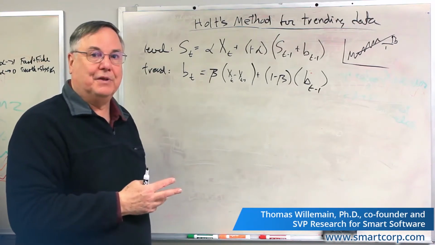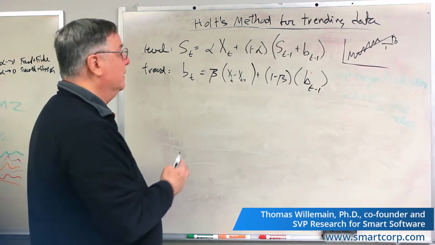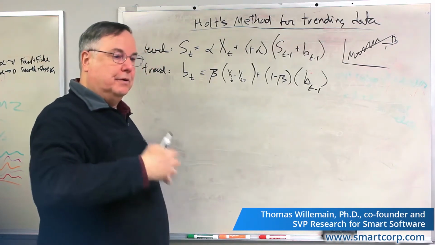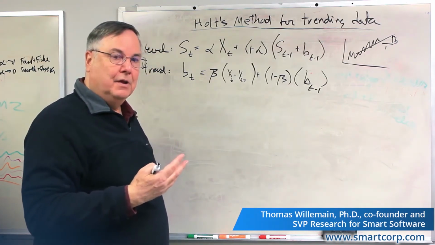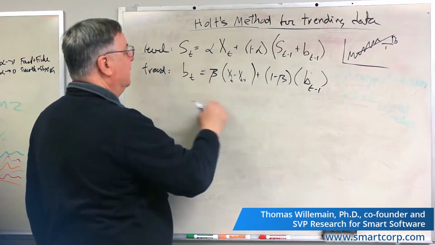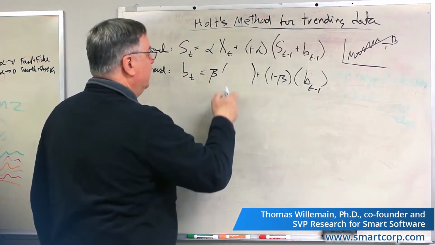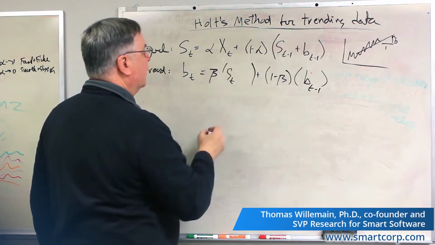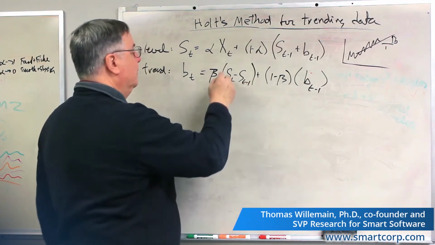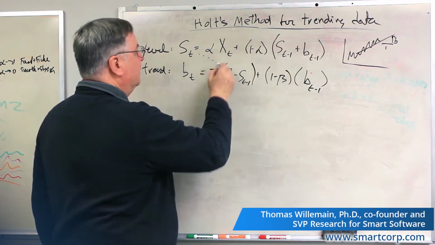We do something one step smarter than that. We say both of these numbers are truth covered with noise. So if we've smoothed out the noise here, the trend is our current estimate of where the level was compared to our previous. So this one feeds into this.